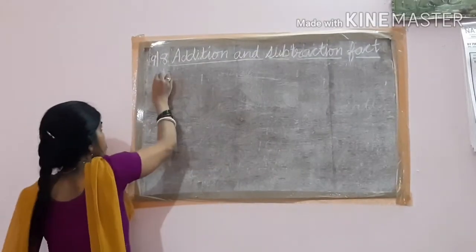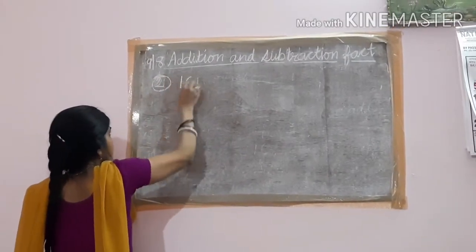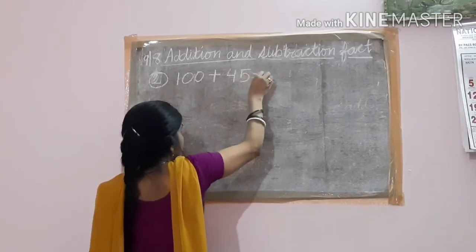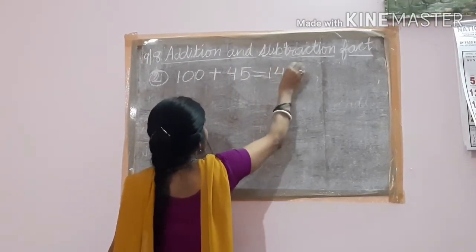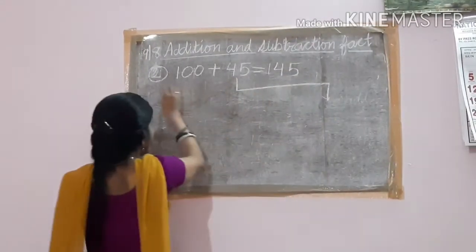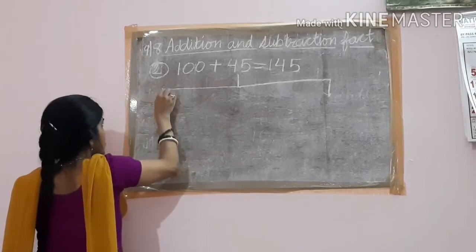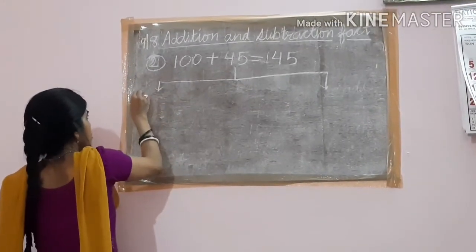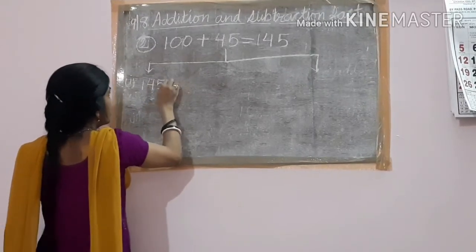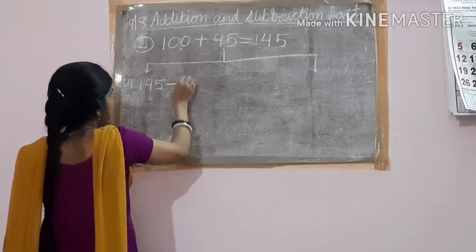More I am showing you. 100 plus 45, and the sum of these two addends is 145. So you have to write two subtraction facts. So first is 145 minus, take this 100.